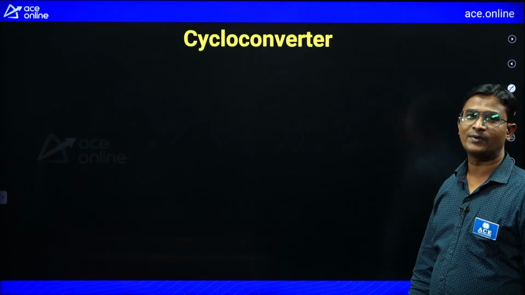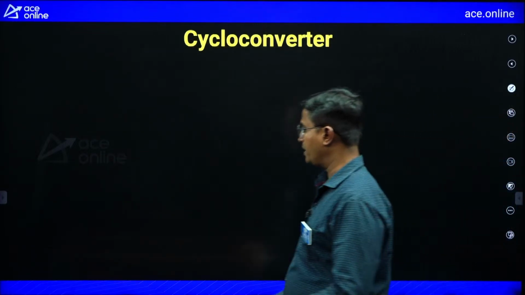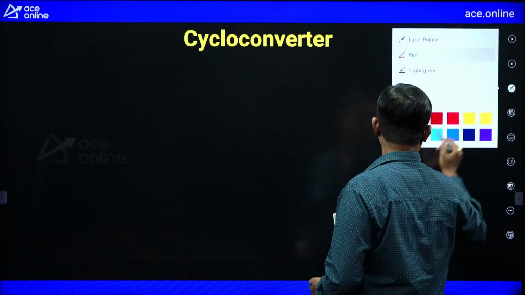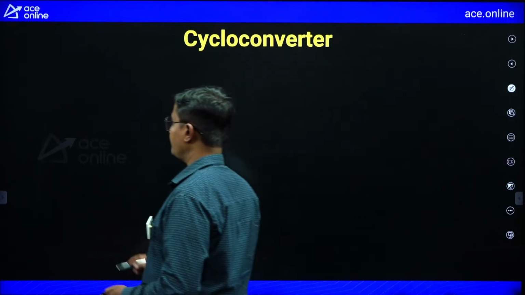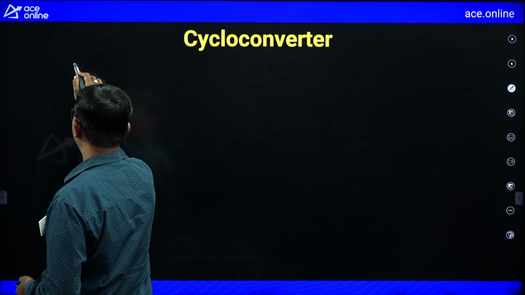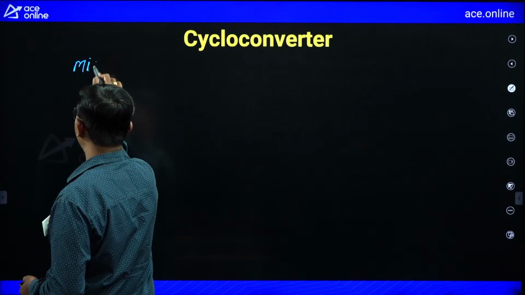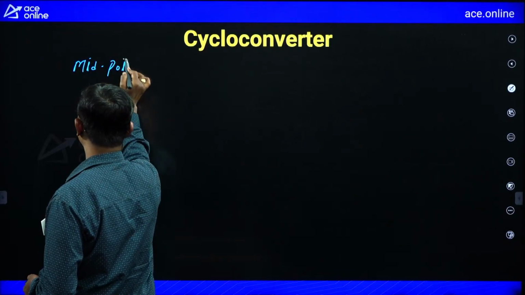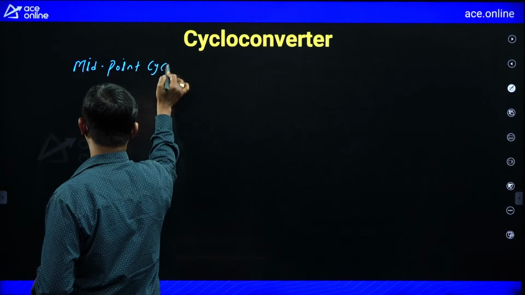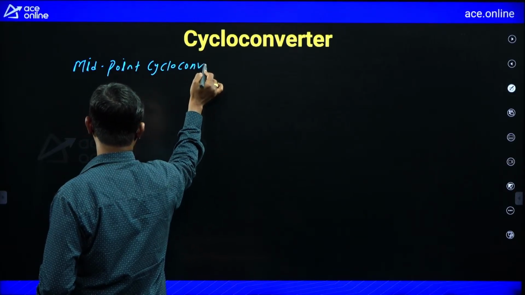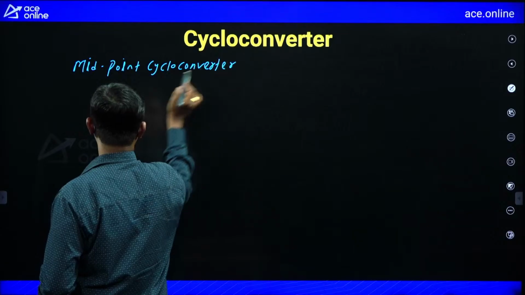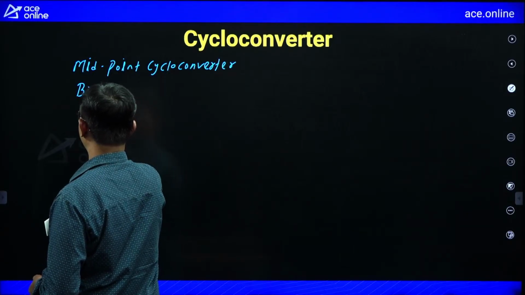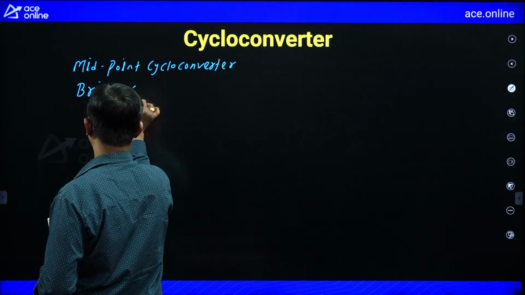Next is the cycloconverter. In the cycloconverter, we have the midpoint type cycloconverter and the bridge cycloconverter.